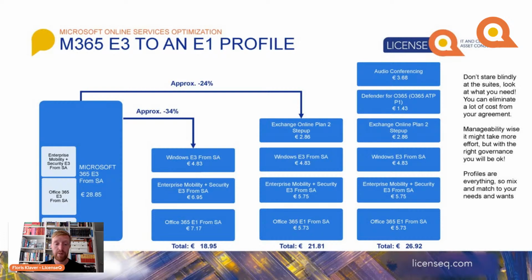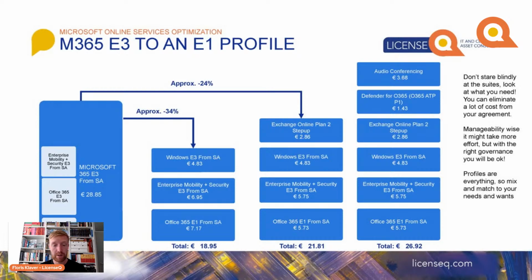It will save you 34%. And if you need additional email functionality, like online archiving or something which is not in Exchange Online Plan 1, you can add that step up and still save 24% on top of your E3 license. This is again based on the post-March 2022 pricing, which is way cheaper.